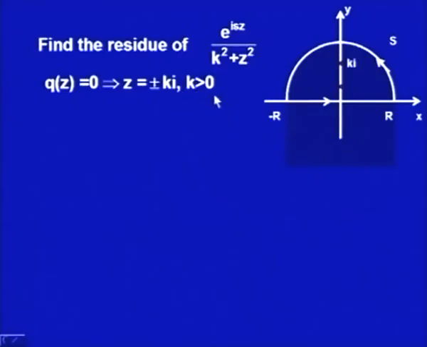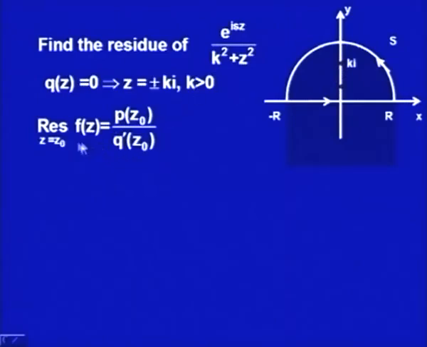So, we have zeros at plus and minus k I. That says that the function e to the power I s z upon k square plus z square will have a pole at only one point in the upper half plane, k I, on the imaginary axis. So, we have to calculate the residue at that point.